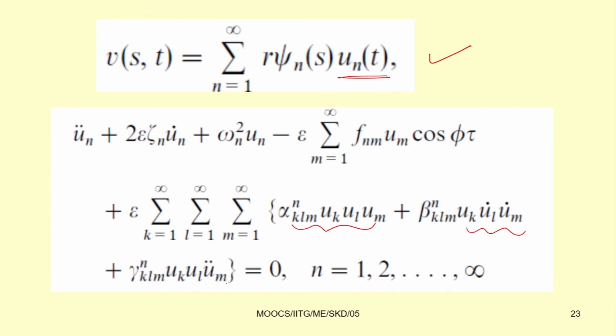Similarly, here it is u_m double dot; if it is single mode, then it is u1 double dot, which is nothing but the acceleration. So, both are acceleration terms, and that is why these two terms are known as inertia nonlinear terms, and this is the geometric nonlinear term.